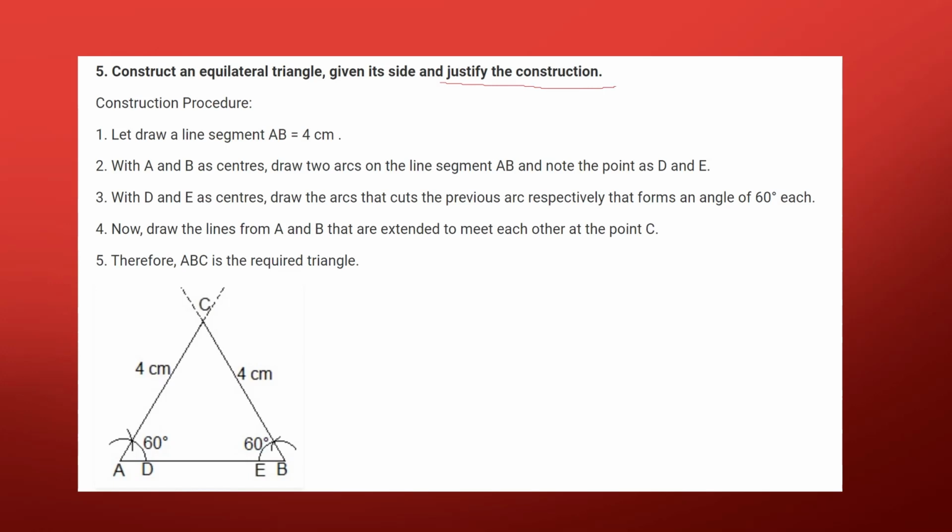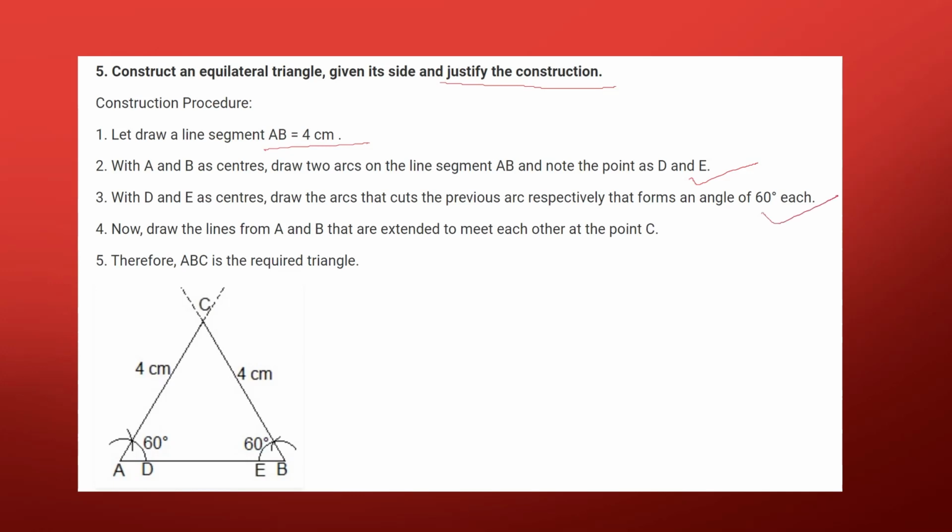So first of all, we follow the construction procedure. First step, draw a line segment AB of 4 centimeters. With A and B as centers, draw two arcs on the line segment AB and note the points as D and E. With D and E as centers, draw arcs that cut the previous arcs respectively, forming an angle of 60 degrees.